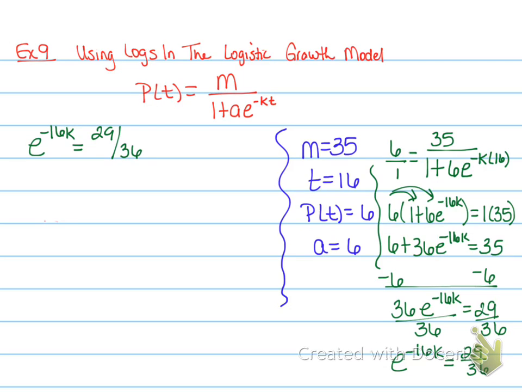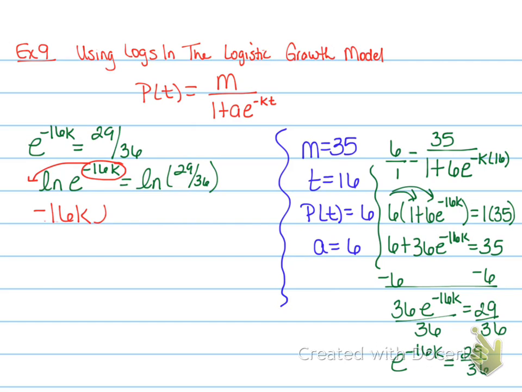And now we're back to just solving. We've got the exponential expression by itself, so we're going to log both sides. So the natural log of e to the negative 16k equals the natural log of 29 over 36. Then we're going to use the power rule, so we take that negative 16k and move it in front of its log.